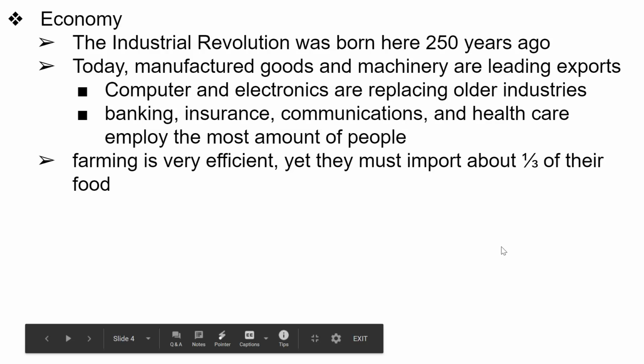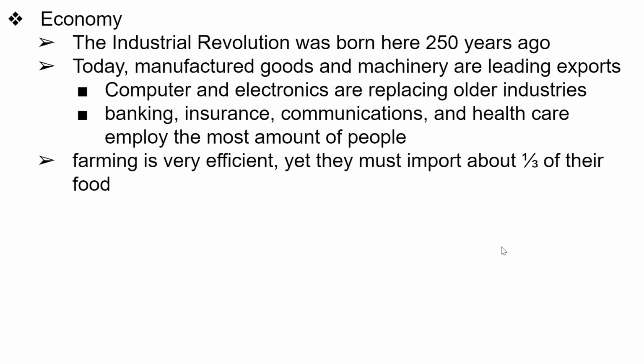So looking at the UK's economy, okay, it should be noted that the Industrial Revolution began here roughly about 250 years ago. Part of the reason for that is its location. It has large deposits of coal and iron, which were both very necessary for the beginnings of the Industrial Revolution.